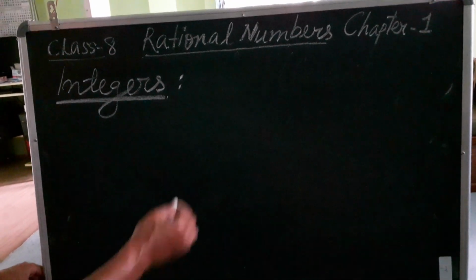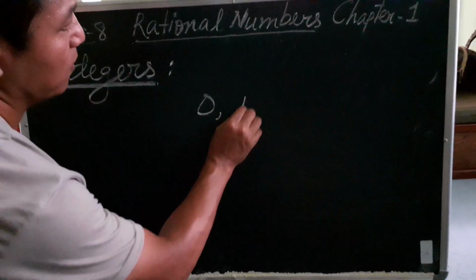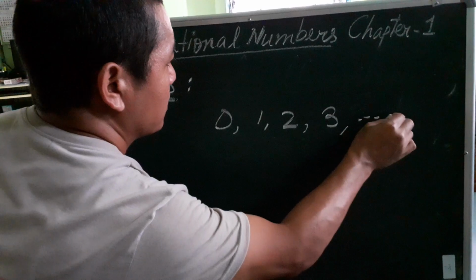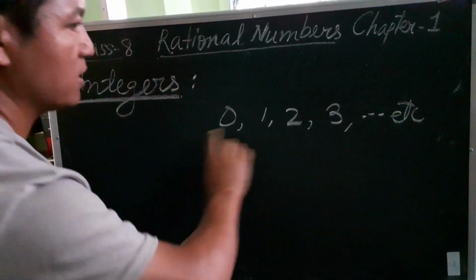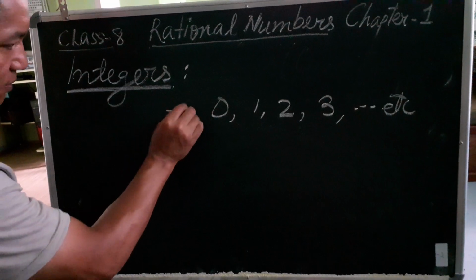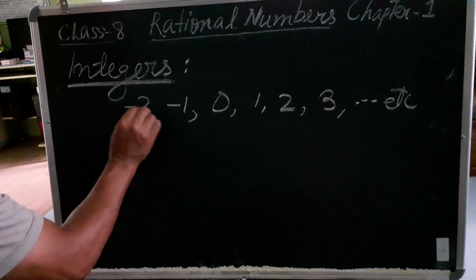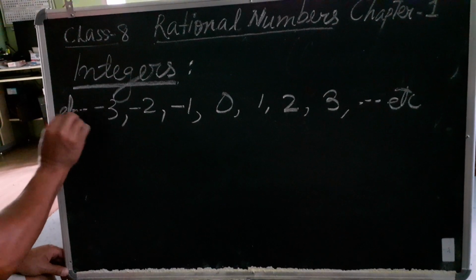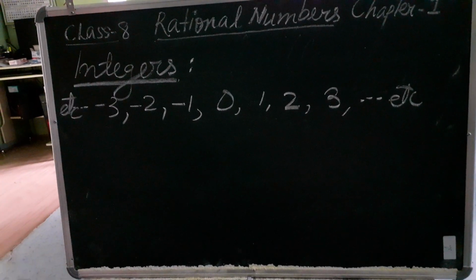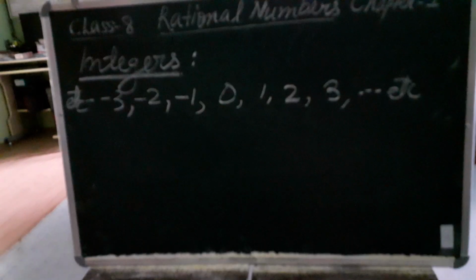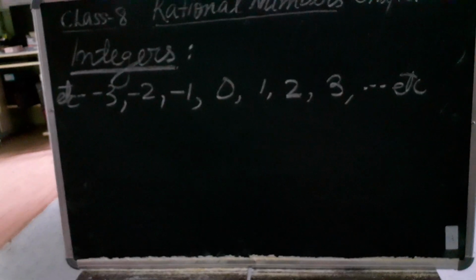What are whole numbers? 0, 1, 2, 3, etc. And negative numbers: minus 1, minus 2, minus 3, etc. So integers are a set of whole numbers and negative numbers.